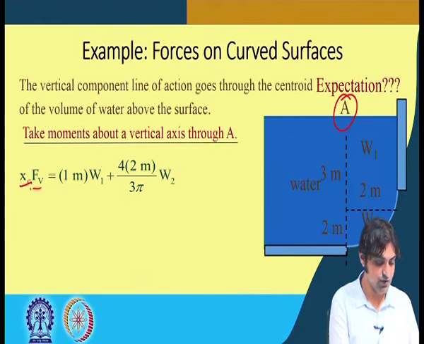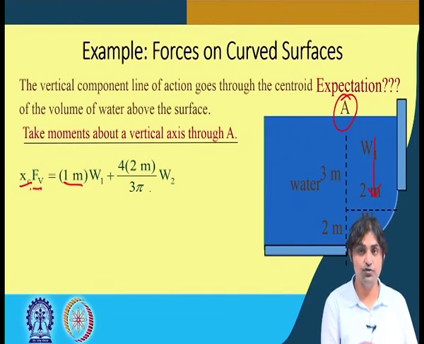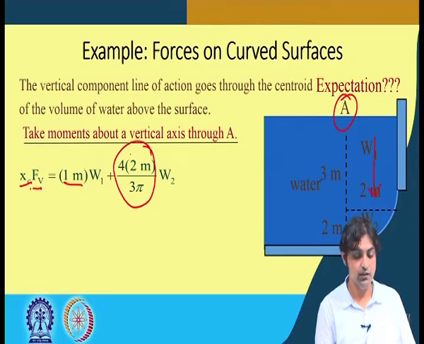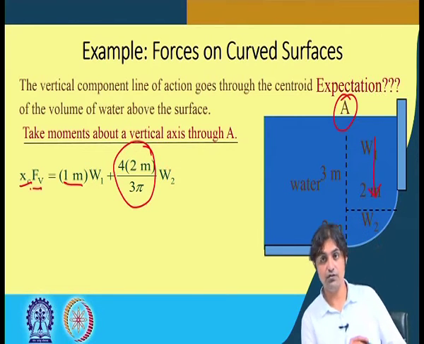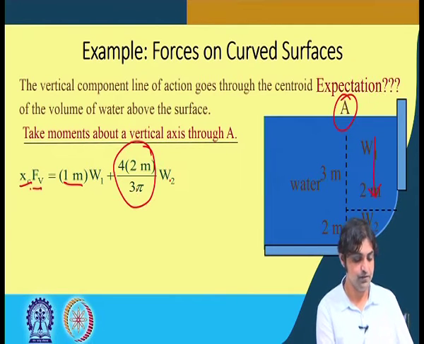Sorry, XC into FV will be equal to, the weight is acting 1 meter from there, W1. However, W2, I told you, if you remember, to remember this equation, 4r by 3 pi, in the lecture, that we are going to use, and actually we are using this. This is 4 into 2 by 3 pi.